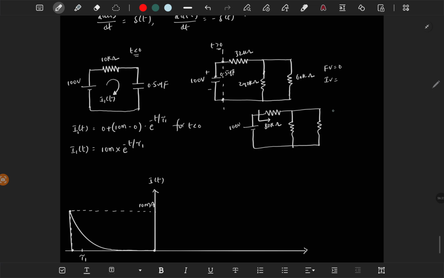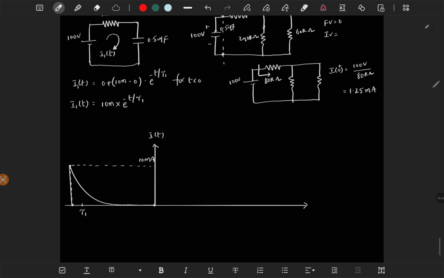So I of 0 plus is 100 volt by 80 kilo ohm, which I think is 5 by 4, that is 1.25 milliamps.